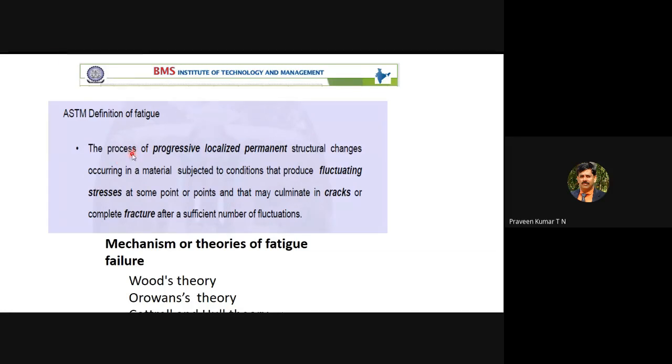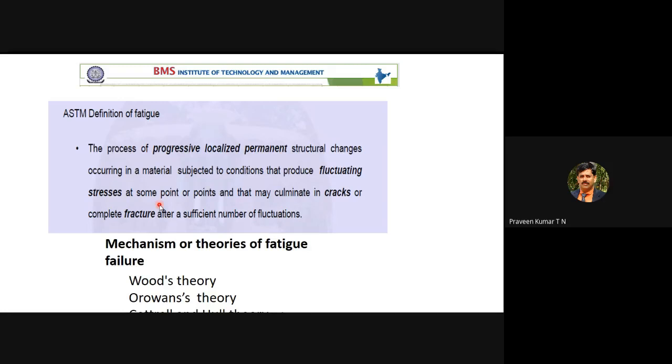That is, the process of progressive, localized, permanent structural changes occurs in a material subjected to conditions that produce fluctuating stresses. I am talking about fluctuating stresses. Fluctuating means, I will give the same example, the stress value ranging from -100 to +100 megapascal.